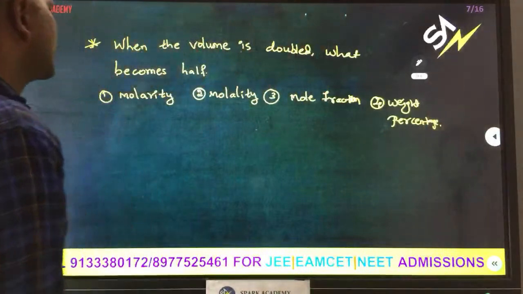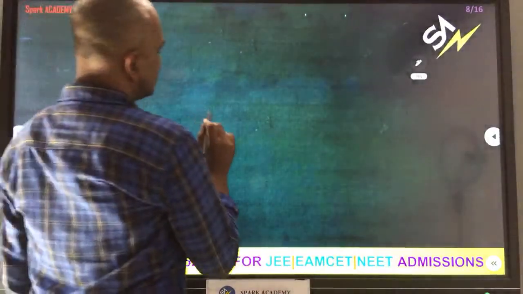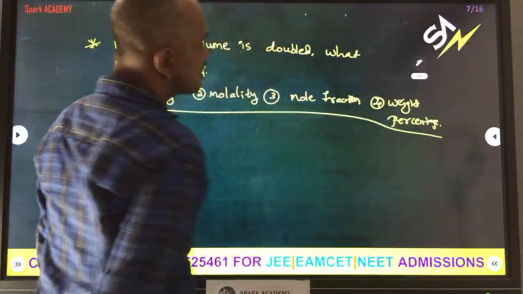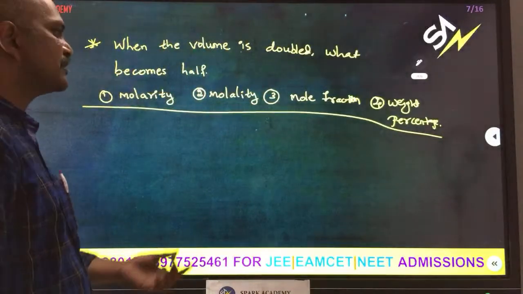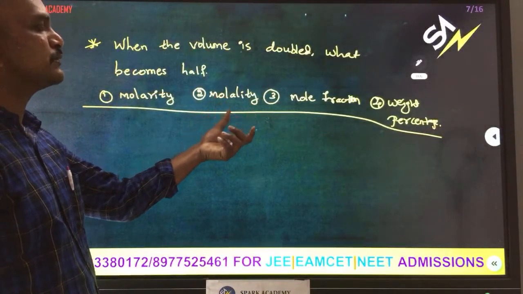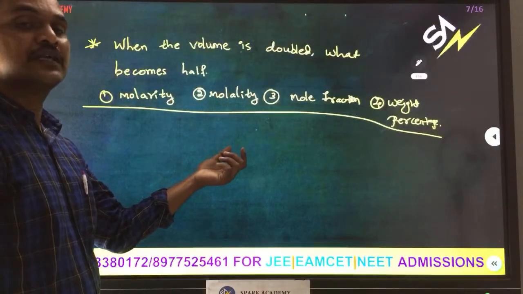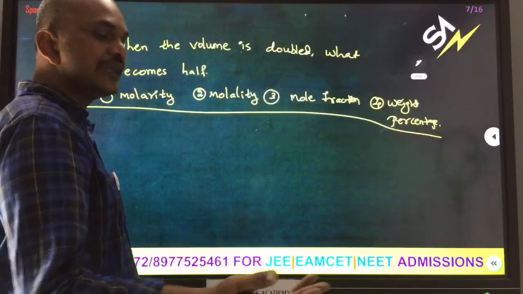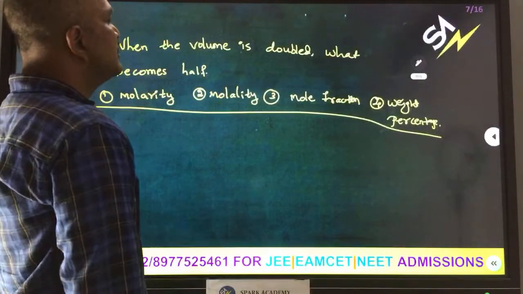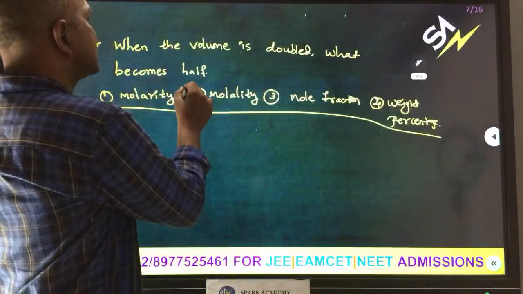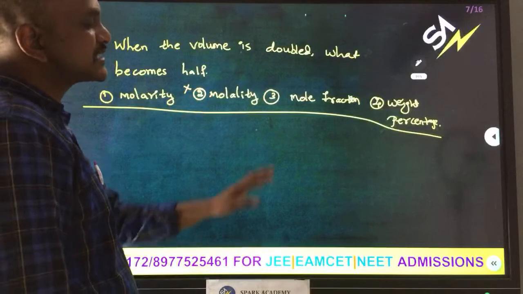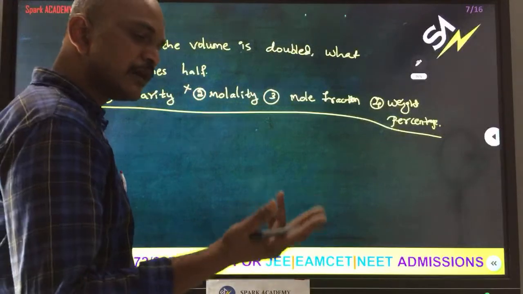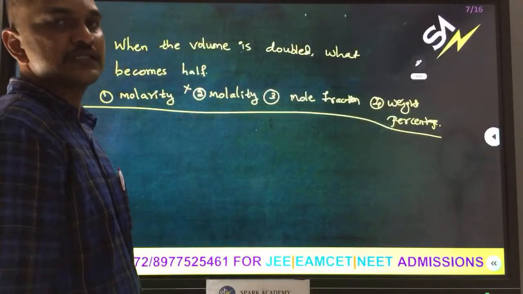So from this, what is the correct answer? Let us see. Very simple it is. Molality means number of moles by weight of solvent. Weight means volume is not there; weight we can find in grams or kilograms only. So that is mass, nothing but mass. So it is not the answer. Next, mole fraction: number of moles of that component by number of moles of all components.